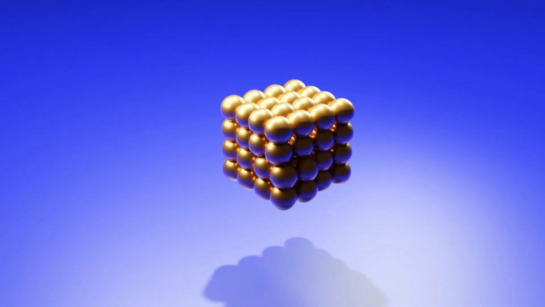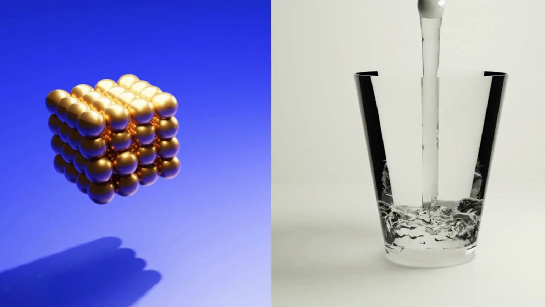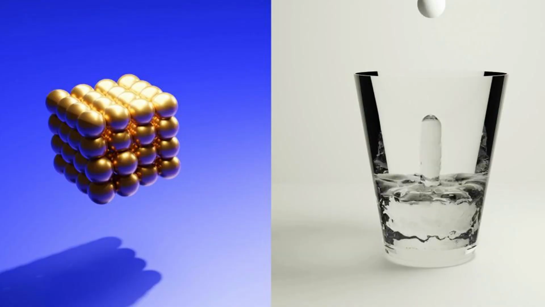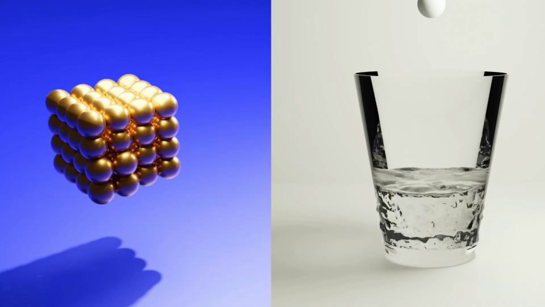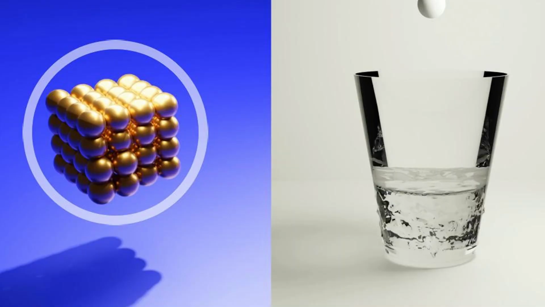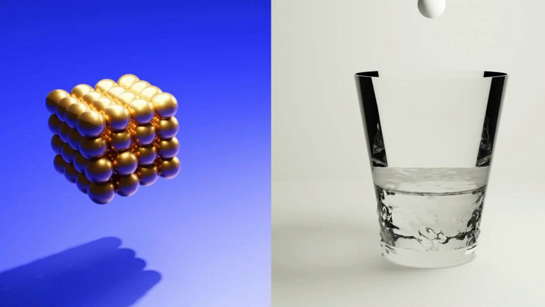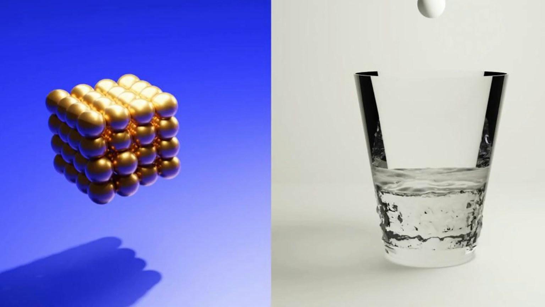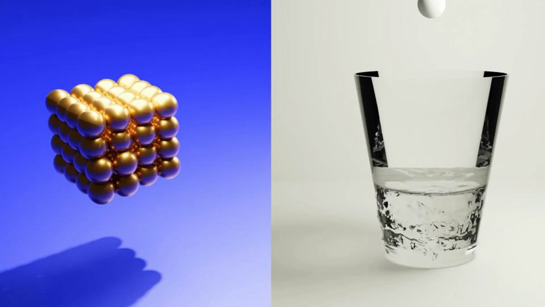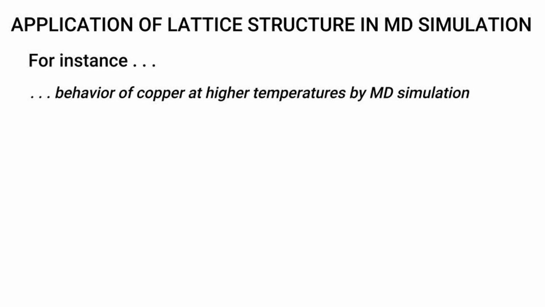It is important to note that the concept of crystal structure applies only to solid state matter. If your matter is a fluid, this concept does not apply, as fluids take up any shape, like the shape of the container they are present in. Now suppose I want to study the behavior of copper at higher temperatures using MD simulations.